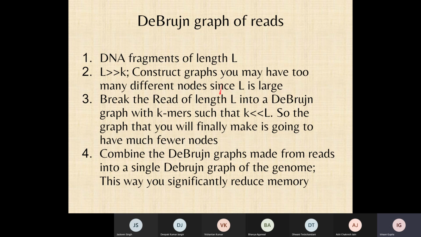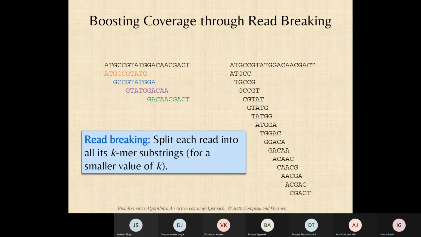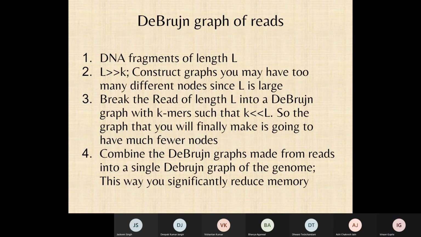So now if I ask you to write a pseudocode to calculate the coverage from reads, I hope you can do it, right? You will have to make De Bruijn graphs twice, one for the read and one for the genome.